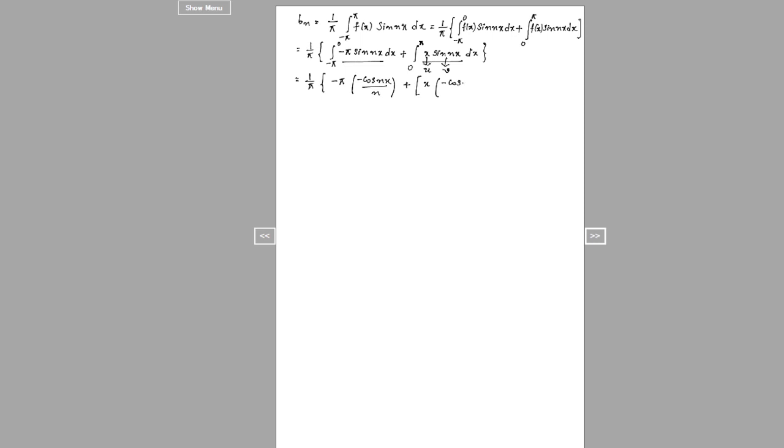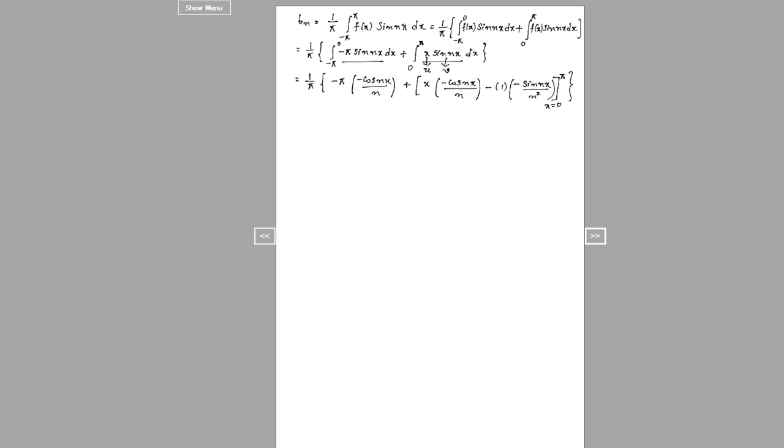Minus cos nx, derivative of nx is n, that is in the denominator, minus derivative of x is 1 into integral of minus cos is what? Minus sine nx divided by n into n becomes n square, and derivative of 1 becomes 0. Therefore I will stop at this stage and apply the limit x runs from 0 to pi.